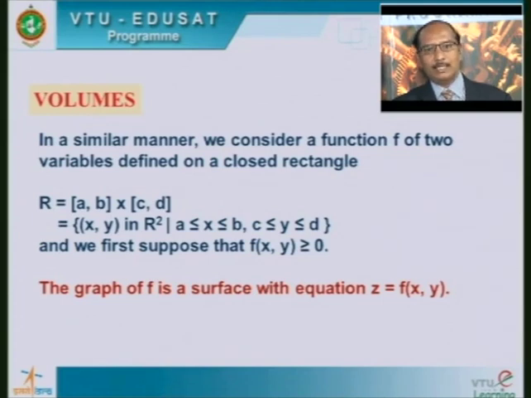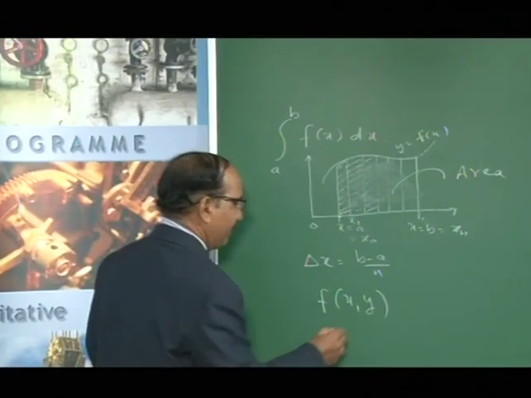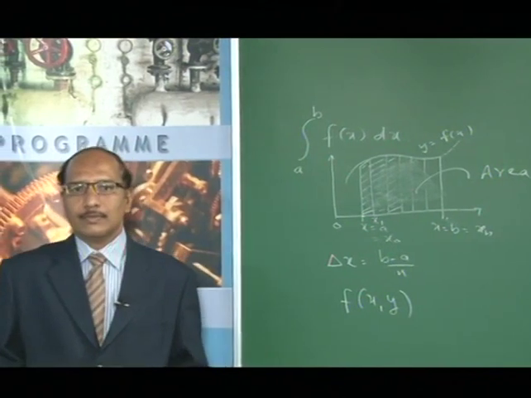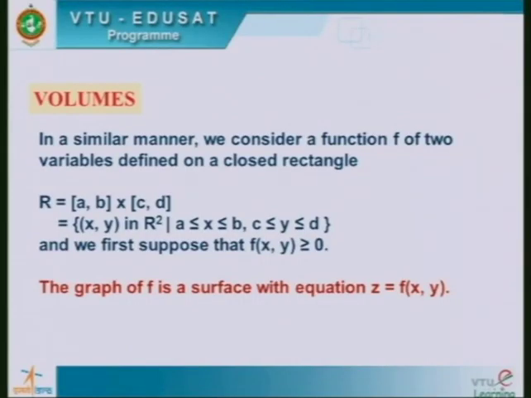In the earlier definite integral case, f is a function of x, only one variable. Now consider f as a function of two variables, f(x,y), which is defined on the closed rectangle. Here you consider the rectangle defined by a less than or equal to x less than or equal to b, and in the y direction c less than or equal to y less than or equal to d.